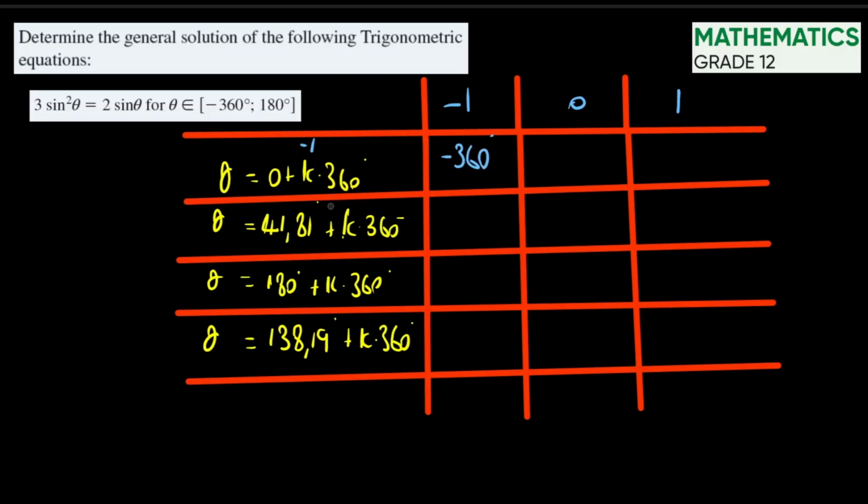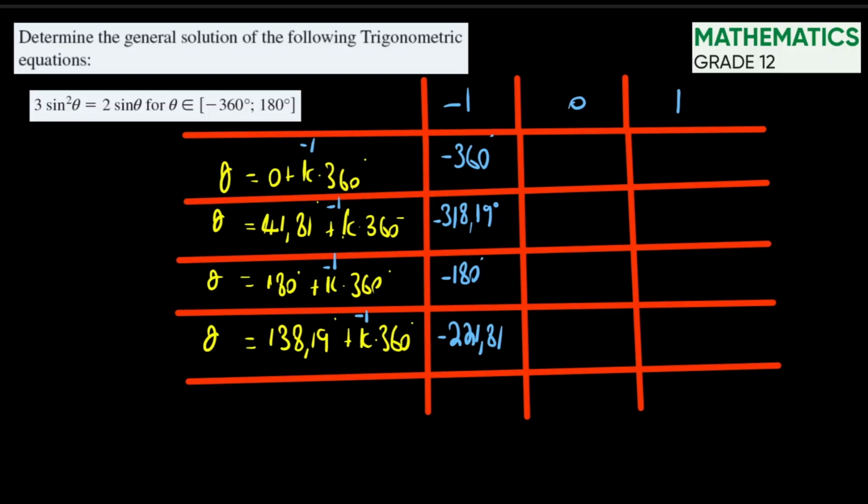Take -1, substitute it here, you're going to have -318.19 degrees. Take -1, substitute it there, you get -180 degrees. Take -1, substitute it with its k there, you get -221.81.